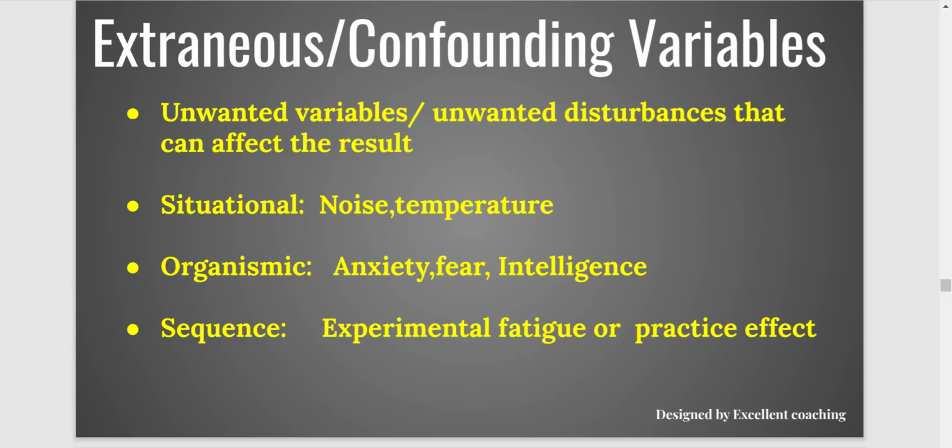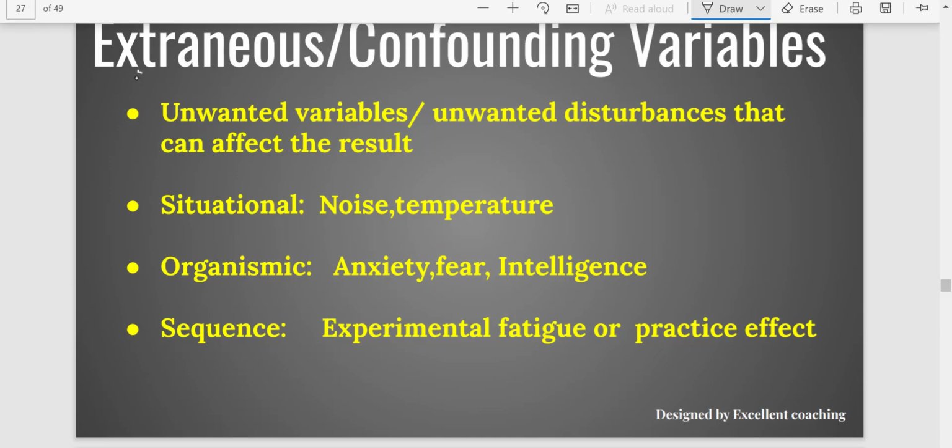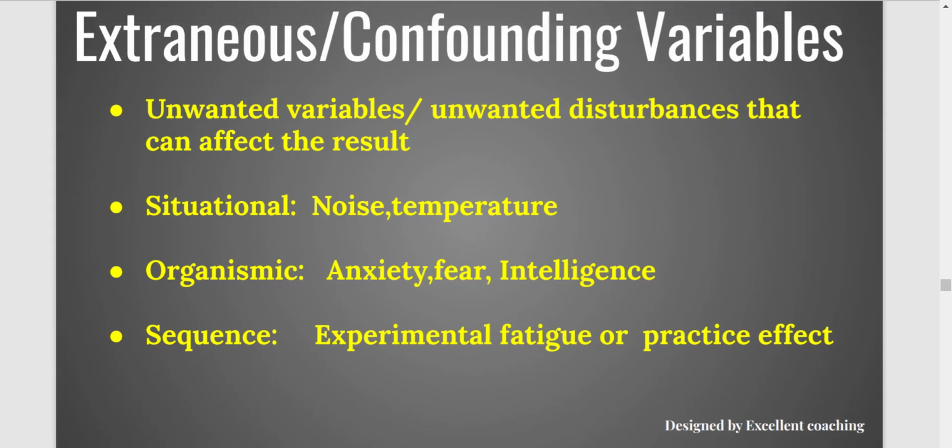Those particular variables which are unwanted in our study are known as extraneous or confounding variables. Extraneous means extra, which we don't want, and confounding means something which is making our experimental results change in a way that we don't want. So, these variables are unwanted disturbances that can affect the result.